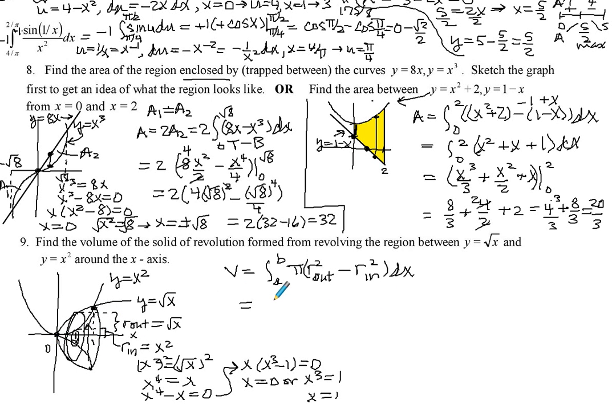So we are going to be doing an integral from 0 to 1 of pi, and we already decided that our outer radius was the root x, so root x squared, minus our inner radius was x squared, for that disk that was at x, and then the integral is going to add these up from 0 to 1.